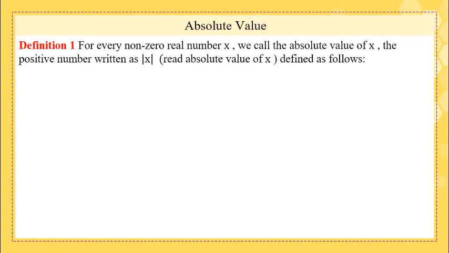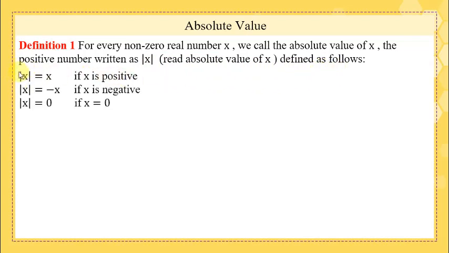Absolute value. Definition 1. For every non-zero real number x, we call the absolute value of x the positive number written as two dashes, and between these two dashes we put x. Read: absolute value of x. It is defined as follows. Absolute value of x equals x if x inside is positive.